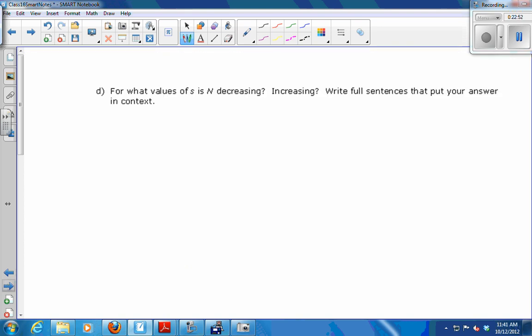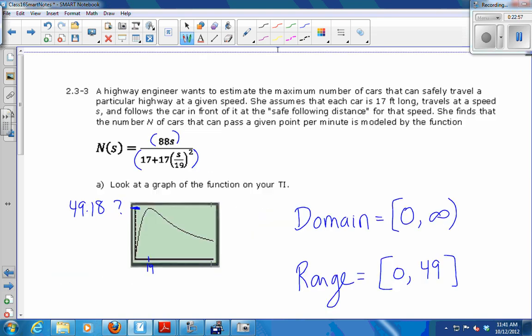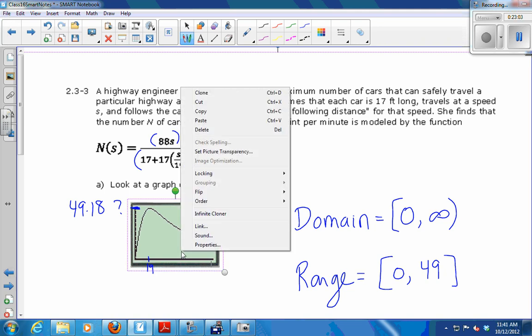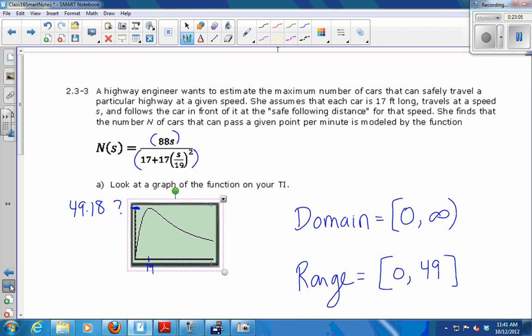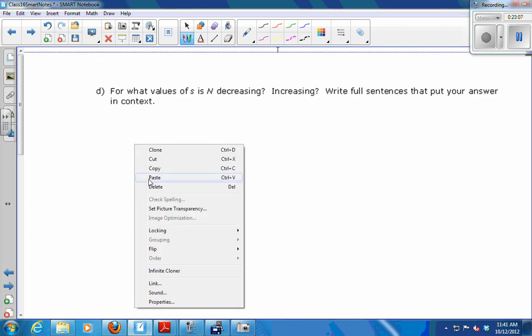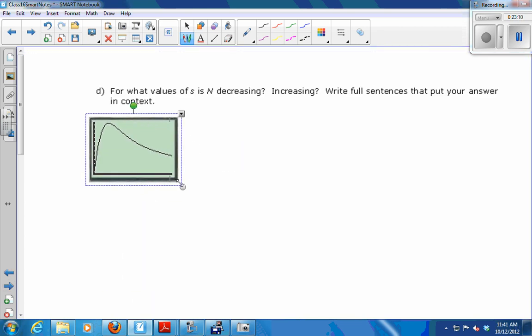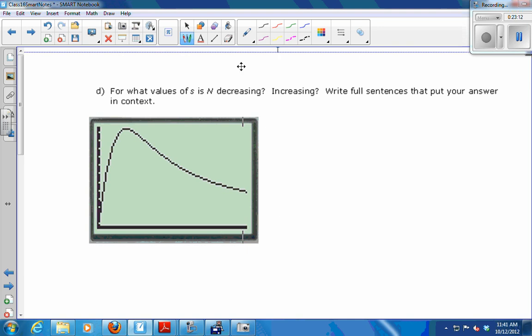So let's look at our graph again. Just copy it. So for what values of S is N decreasing and increasing? Close.